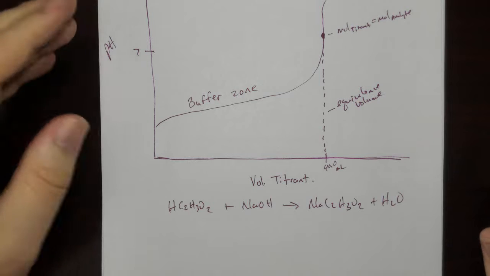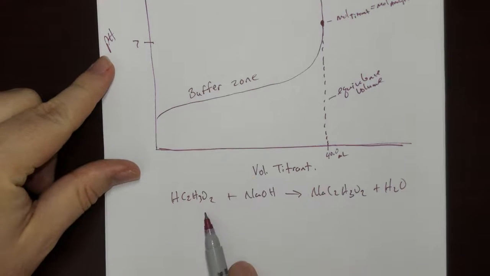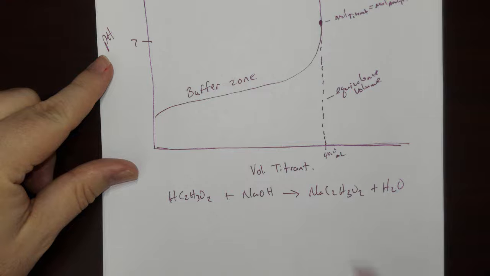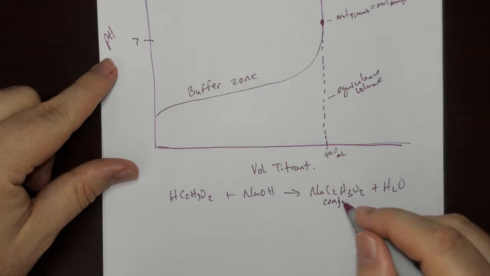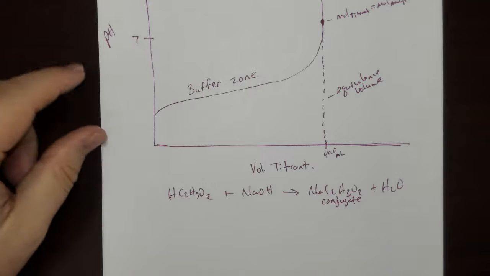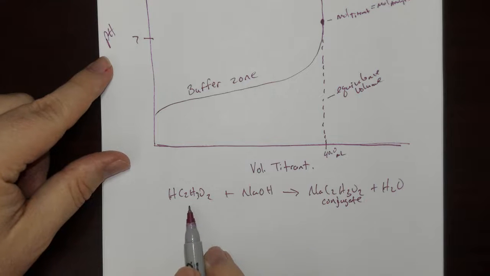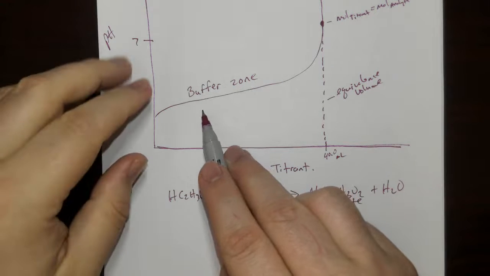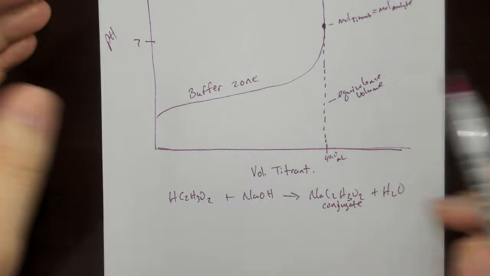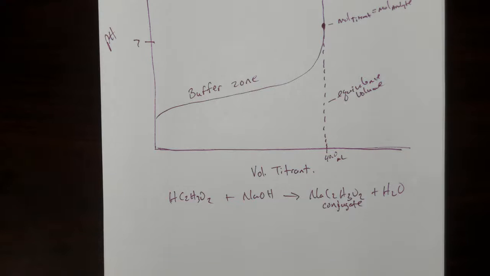And what that means is that during the course of your titration, when you're executing the titration equation, you are creating a conjugate to the weak species that you are titrating. And as long as you have a little bit of your original acid or base, in this case it's an acid, and then you have some of your conjugate, in any proportion that is technically a buffer.